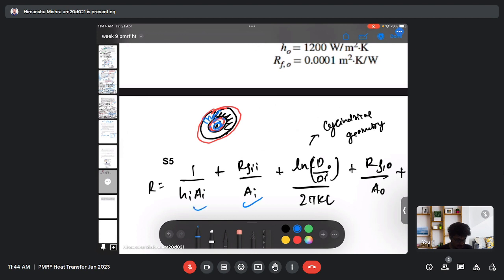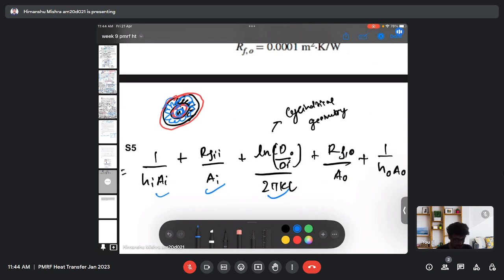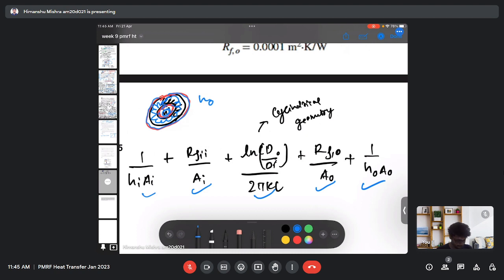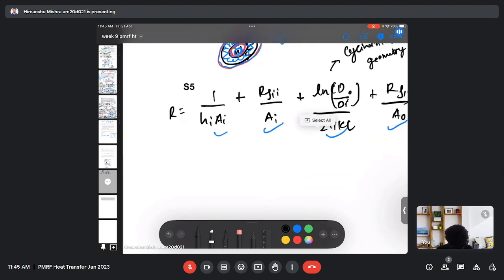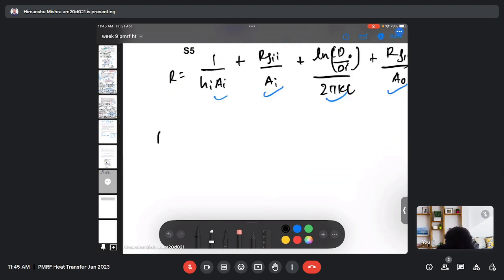Then my conduction within the pipe, which is this. Then my outside fouling factor, which is this. Then my outside heat transfer coefficient, the convection heat transfer due to the outside fluid and the tube, which is this. So we just need to put the values here. So my area is pi d L.